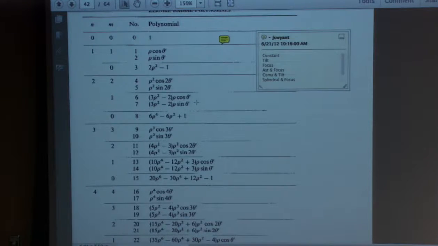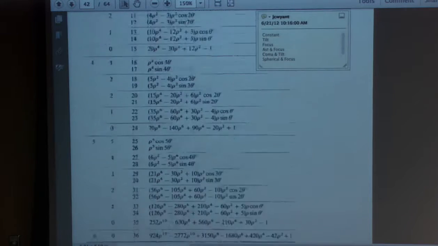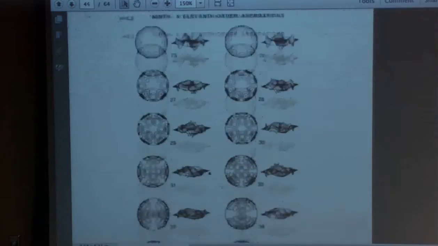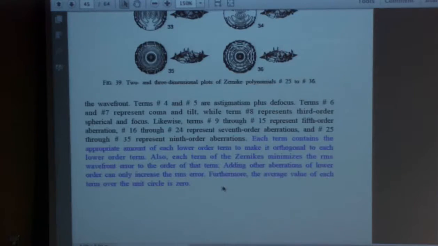While if I have coma here, that says that for every 3 waves of coma, I want to subtract 2 waves of tilt. And you could go through each one of these with that type of analysis. So that turns out to be a very useful property of the Zernikes.